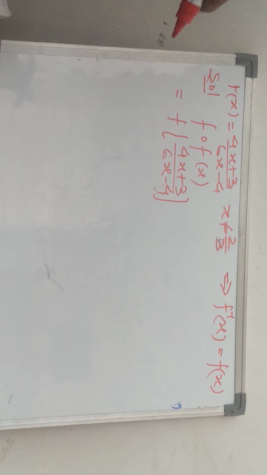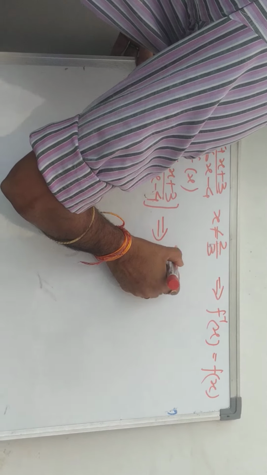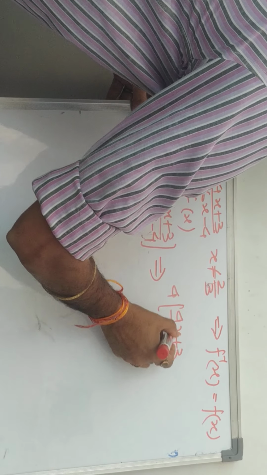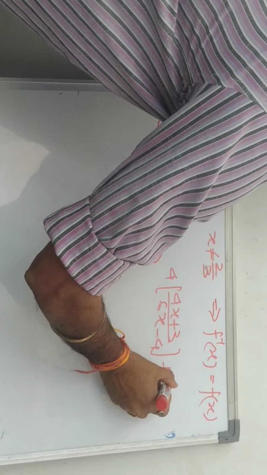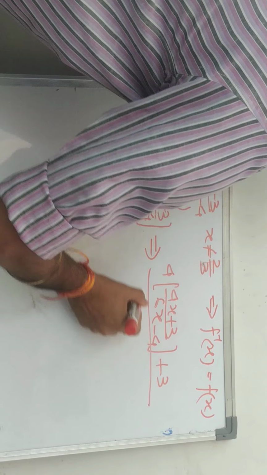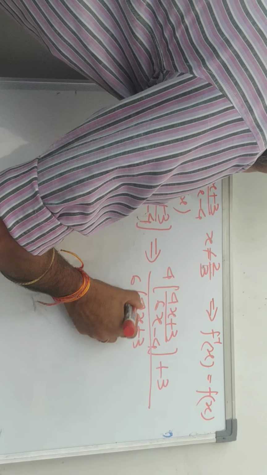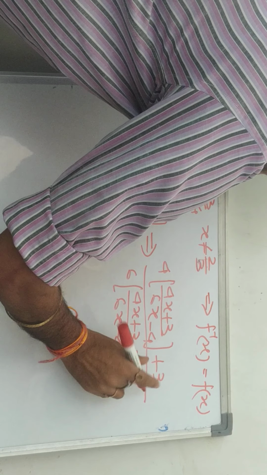Now we get 4 into 4x plus 3 upon 6x minus 4, plus 3, upon 6 into 4x plus 3 upon 6x minus 4, minus 4.